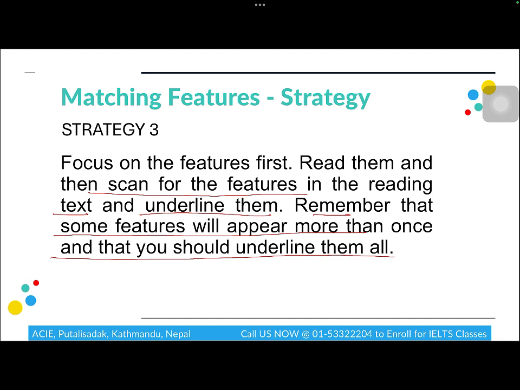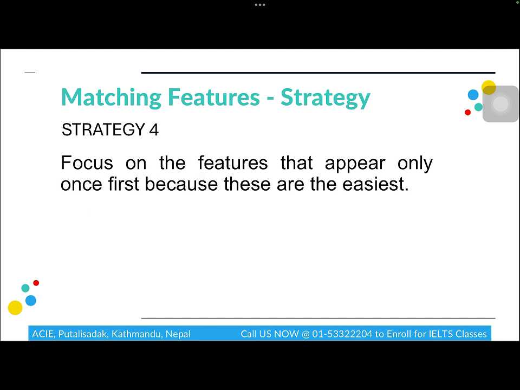Now, unlike the question type of matching information where we had to skim the entire passage to get to our answers, in this case you do not necessarily have to skim the entire passage. So in this case also, the major strategy that we are going to use is scanning. The next strategy is to focus on the features that appear only once first, because these are the easiest.